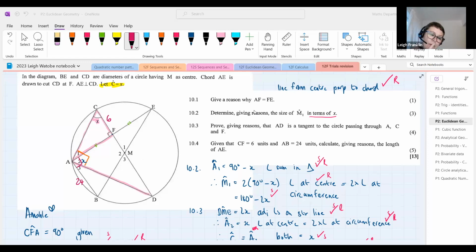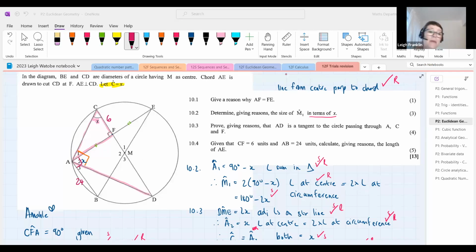And we know that BM equals ME, and we know that CM equals MD. They're all radii. I don't know if we could do that, Leanne, because first of all, we're not going to do the sine rule in a triangle that's not right angled.